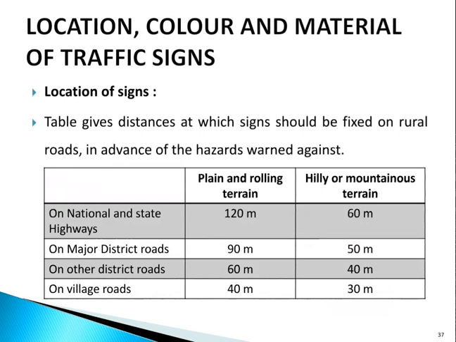So on national and state highway, it will be 120 meter for plain and rolling terrain and 60 meter for hilly or mountainous terrain. On major district road, it will be 90 meter and 50 meter respectively. On other district road, it will be 60 meter and 40 meter. And on village roads, it will be 40 meter and 30 meter.